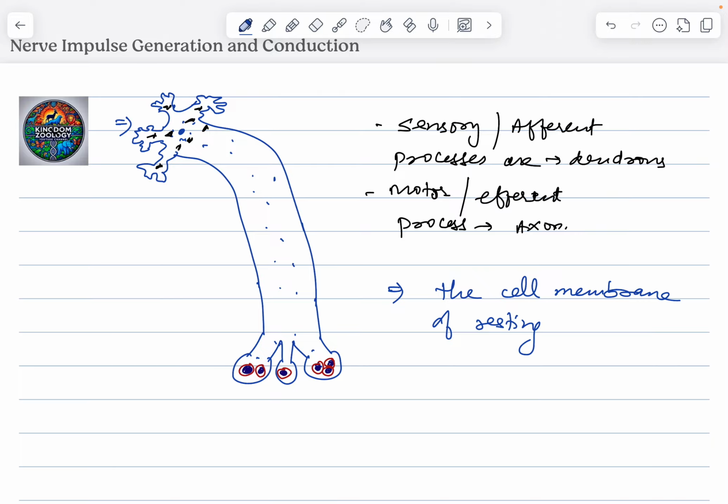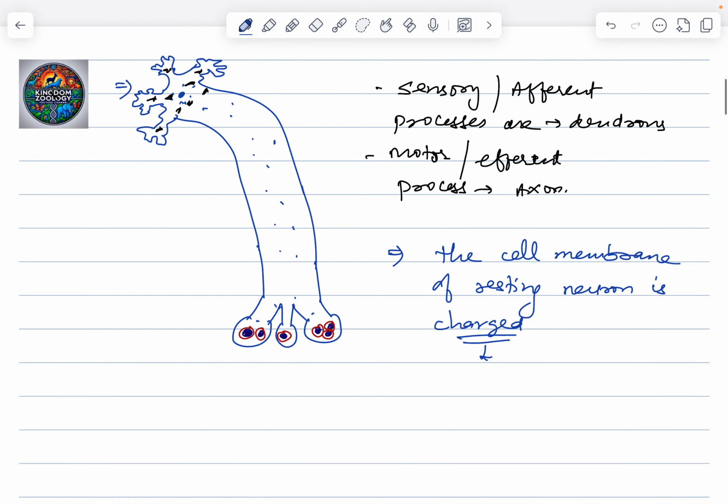The cell membrane of a resting neuron is charged. When I say charged, what does that actually mean? It has a potential called resting potential on it.